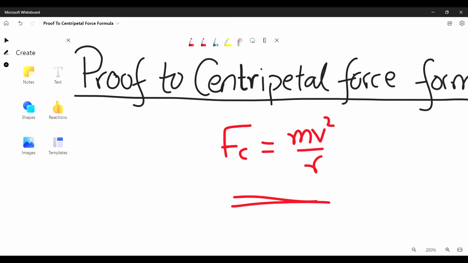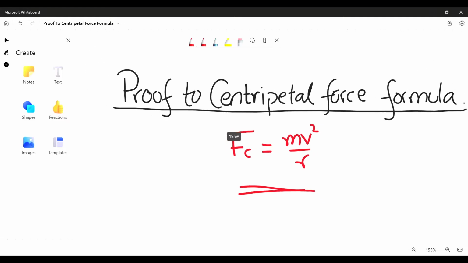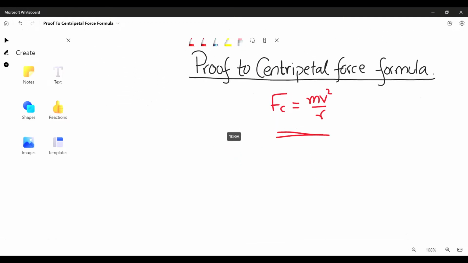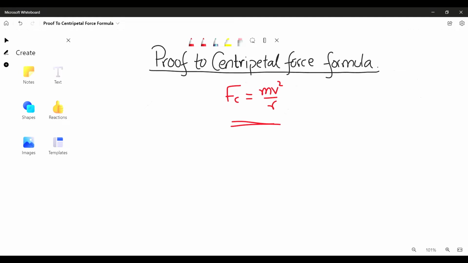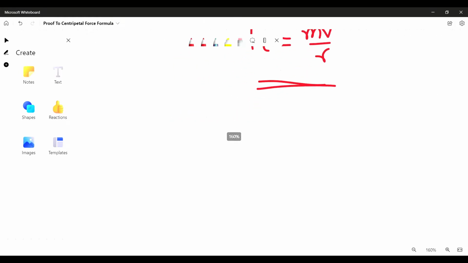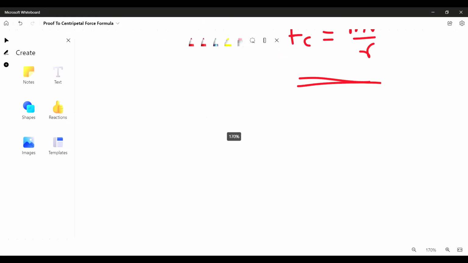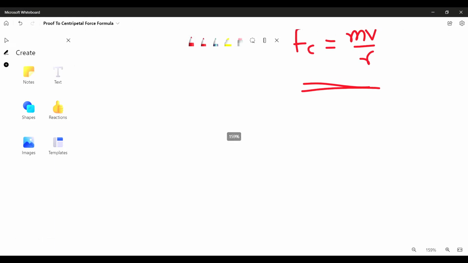So, trying to prove this mathematically, we can start with the idea of circular motion as it is, a circle. So, if we draw a circle here, I will just make it a bit bigger so that we can view this neatly, because the circle is very important.